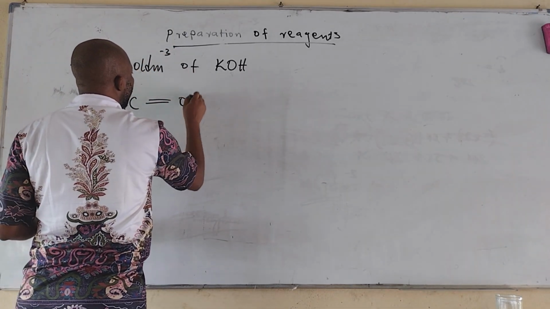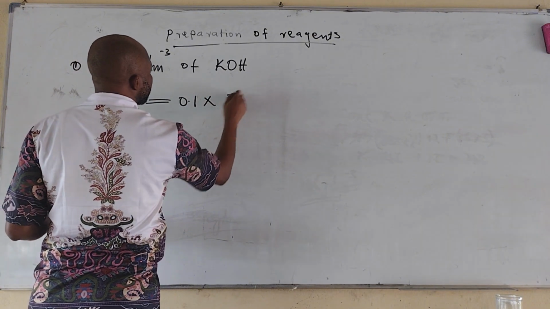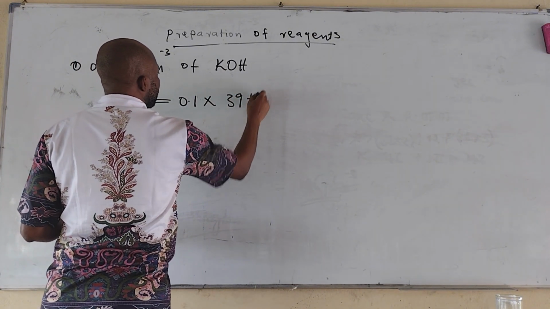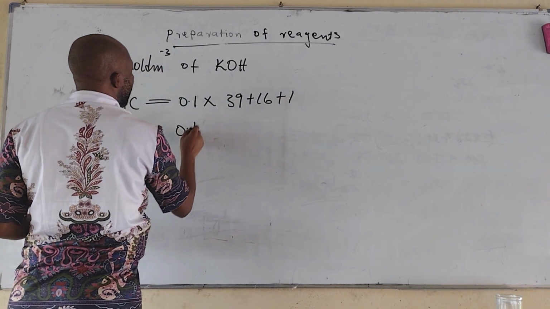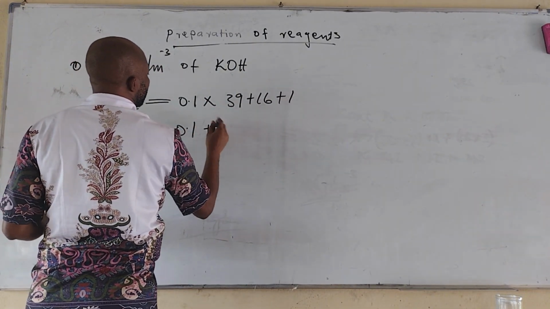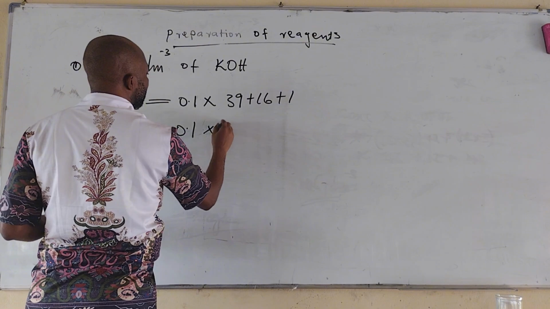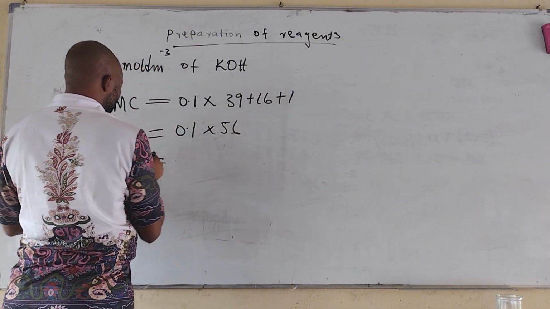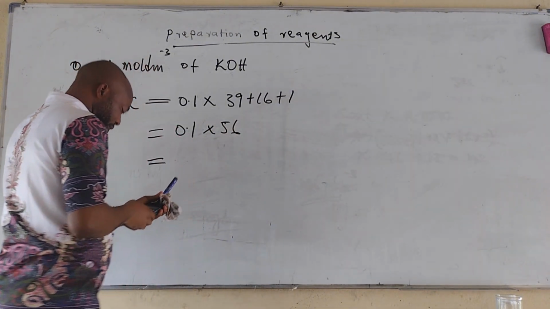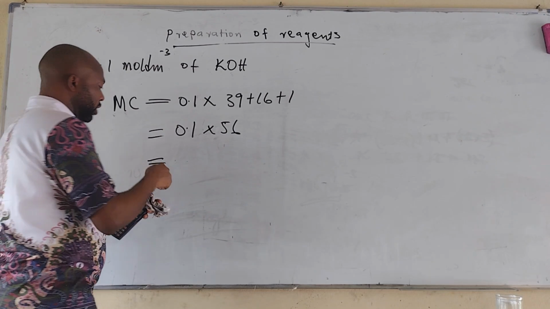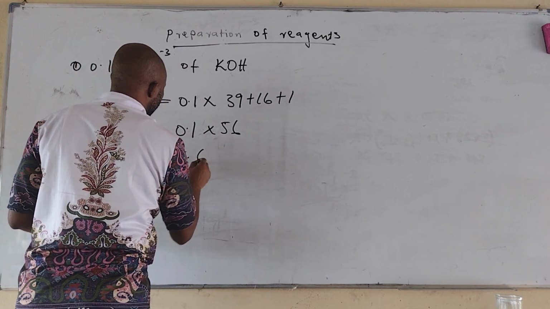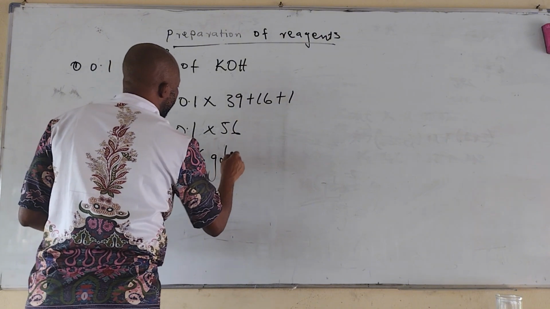I have my 0.1 times potassium, which is 39, plus 16, plus 1. This is 0.1 times 56, which equals 5.6 g/dm³.